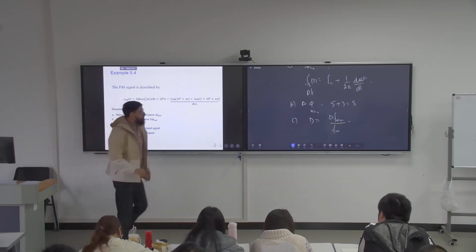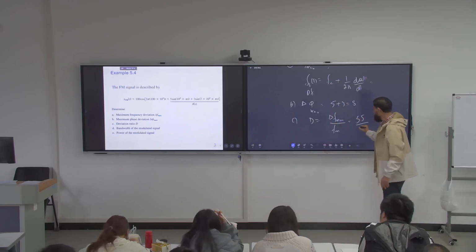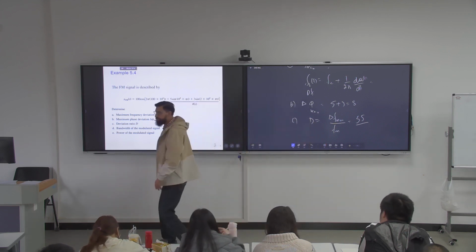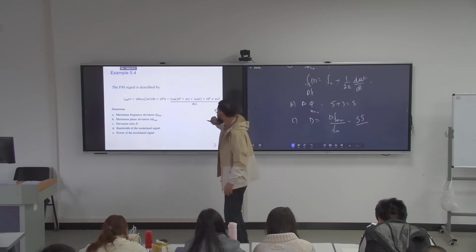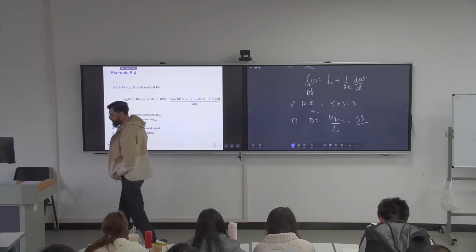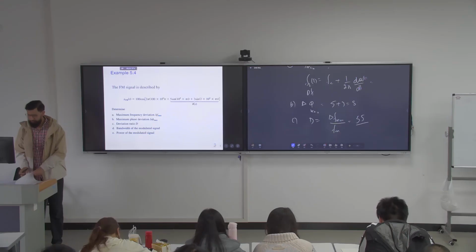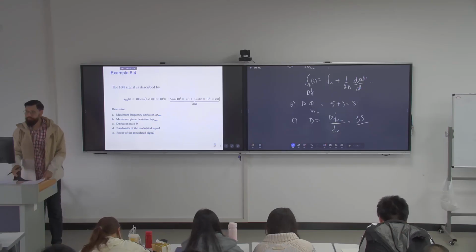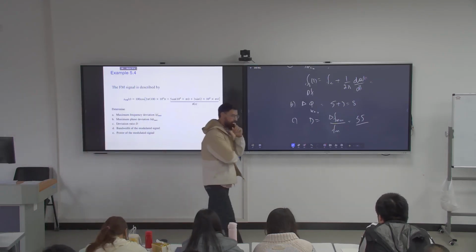We calculated delta f max, it is 55, right? How much is fm here? How much is fm in this signal? You can look at this signal. Tell me how much is the fm? Any idea?